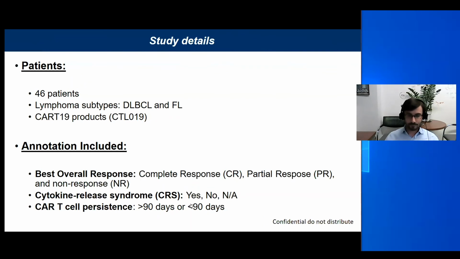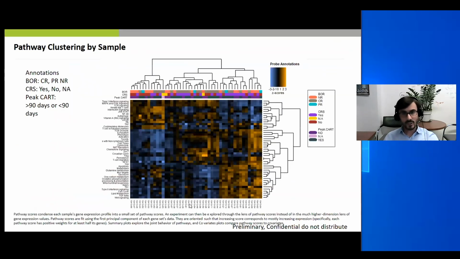And as you can see here, we were able to generate a heat map looking at different pathways on the y-axis, and the patients are listed here. So we look at the clustering based on these pathways, and you can clearly see that there are 3 main blocks where patients are grouped.